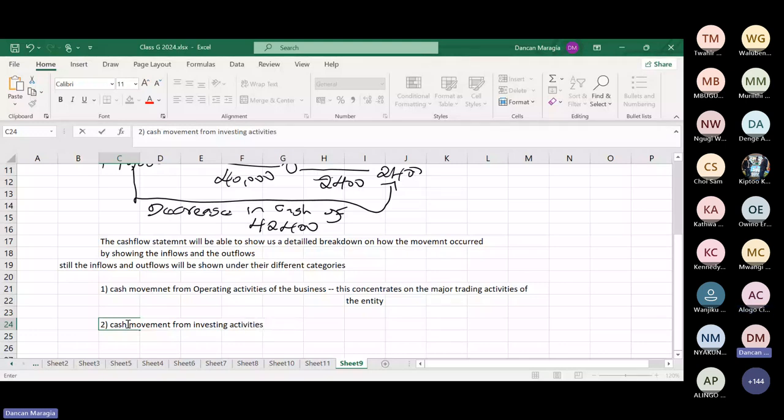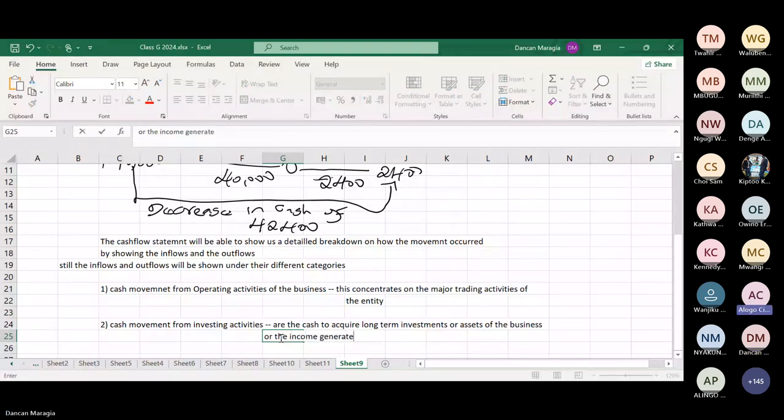These investing activities are the cash used to acquire long-term investments or assets of the business, like purchase of non-current assets, purchase of a building, or selling those non-current assets, or the income generated from them.